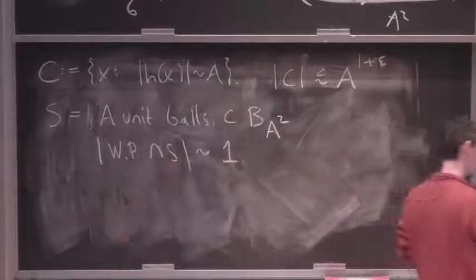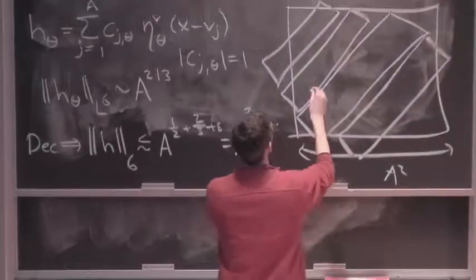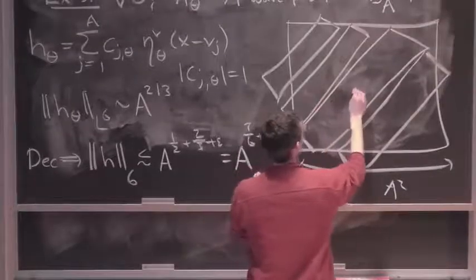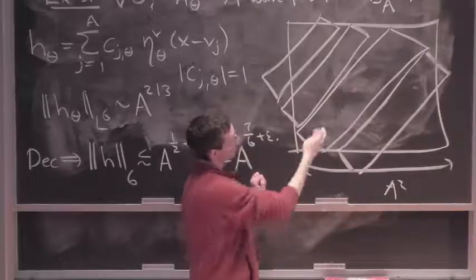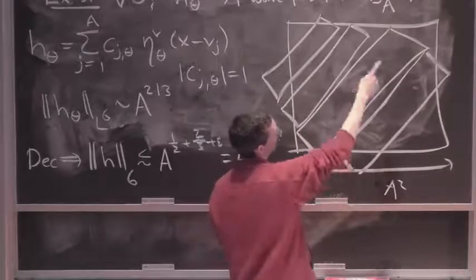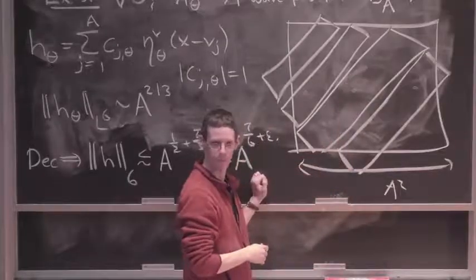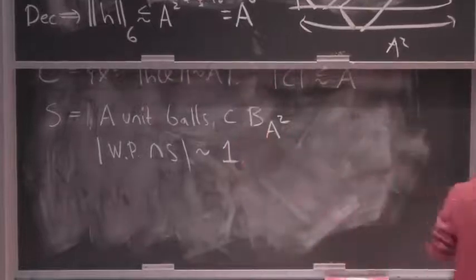So for example, I could take evenly spaced red points going horizontally across. Or I could take A random red points, and similarly, a typical wave packet would only hit around one of them.